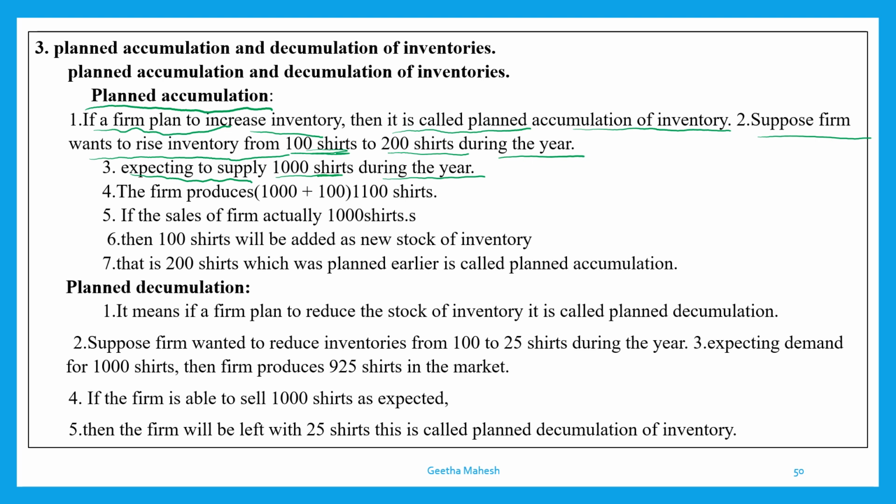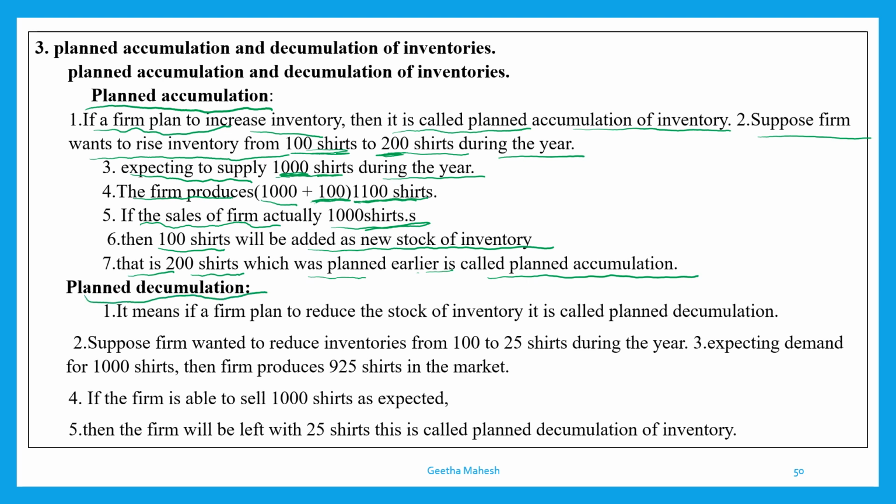The firm produces 1000 shirts to supply in the market, and it wants to increase inventory from 100 shirts to 200, so it is going to produce an extra 100. So total production of that year is 1100 shirts. If the sales of the firm are actually 1000 shirts, then 100 shirts will be added to the stock of inventory. That is 200 shirts, which was planned earlier, and this is called planned accumulation.